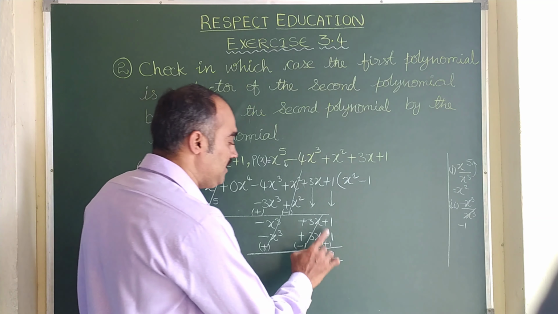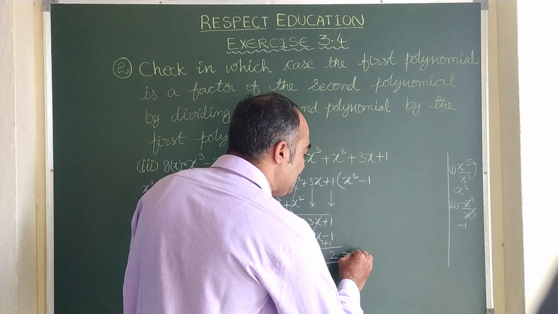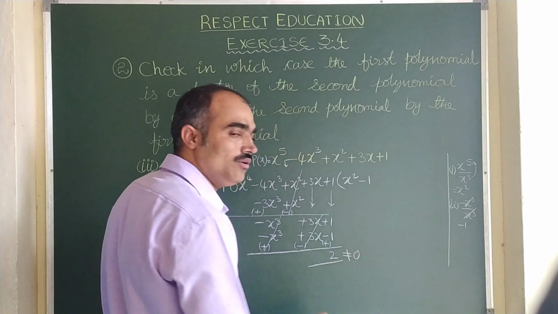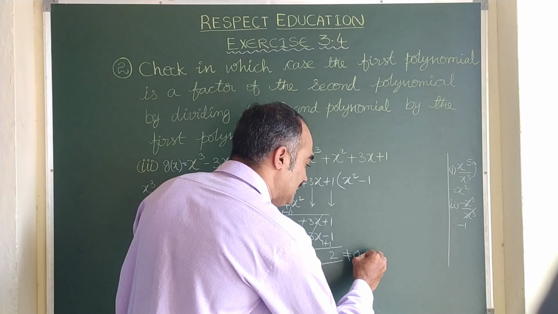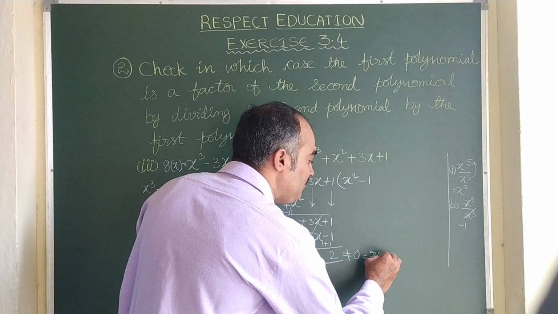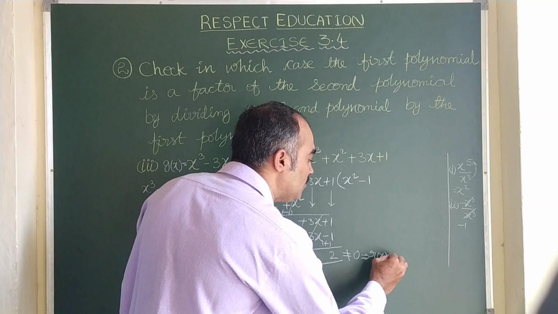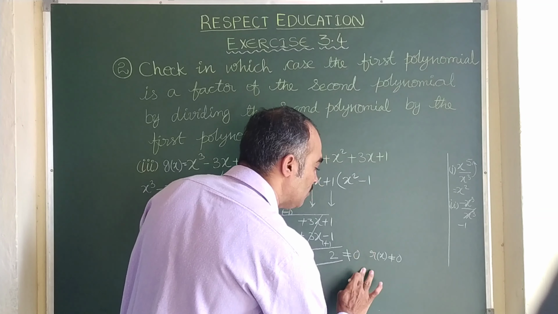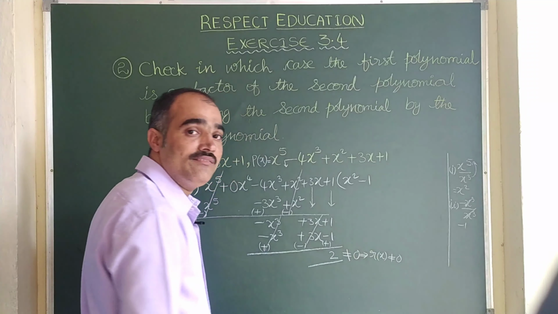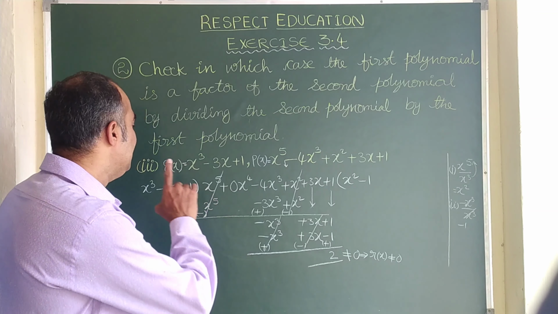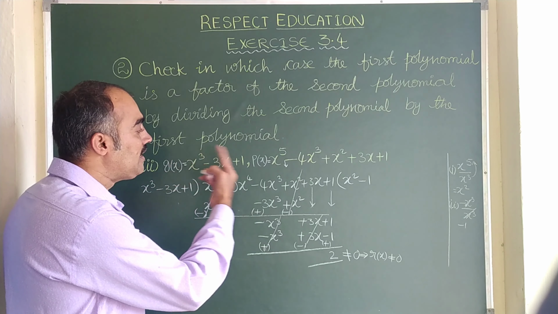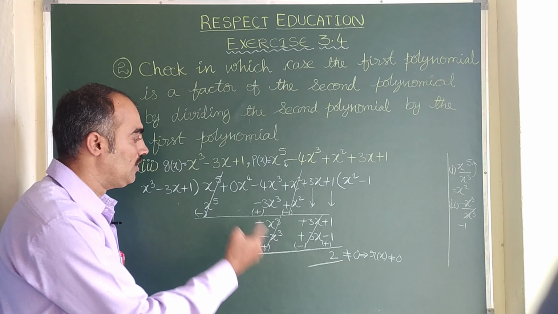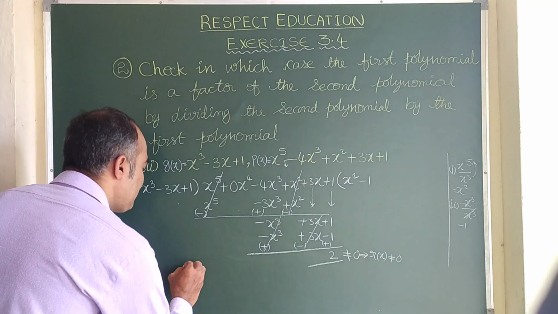That means this is not equal to 0. The meaning is that r of x is not equal to 0. When r of x is not equal to 0, then we can say that g of x is not a factor of f of x. So let us write the conclusion here.